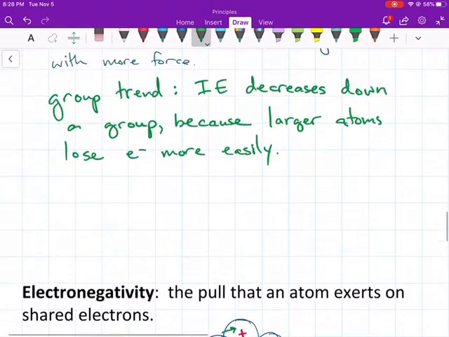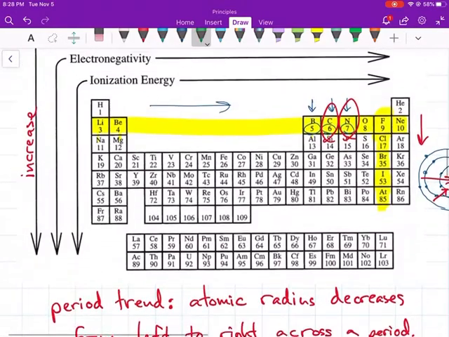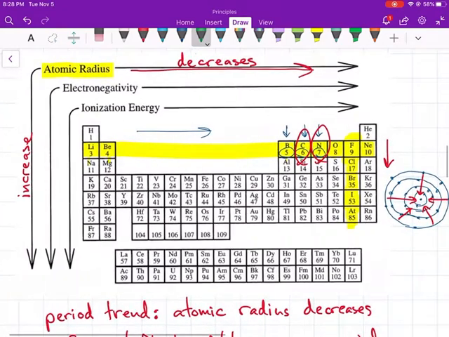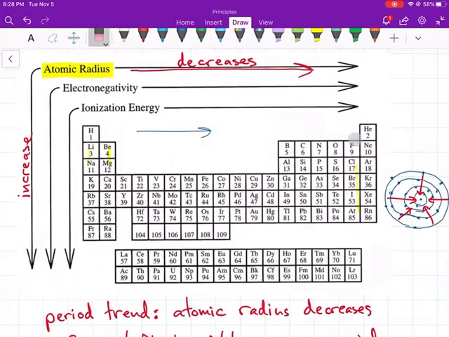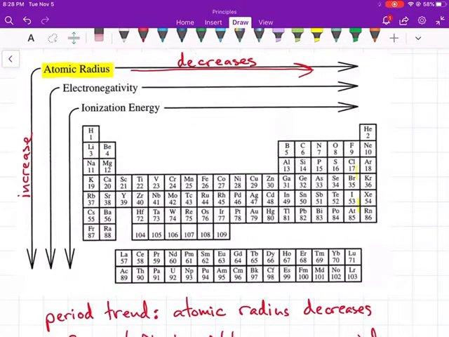So if I go back up to my periodic table, get rid of some of this mess here. If I wanted to compare, let's say, oxygen to germanium, and say which one has a greater electronegativity, if they were both sharing electrons, in which direction would those electrons be pulled? And the answer is they'd be pulled a bit more towards the oxygen atom.